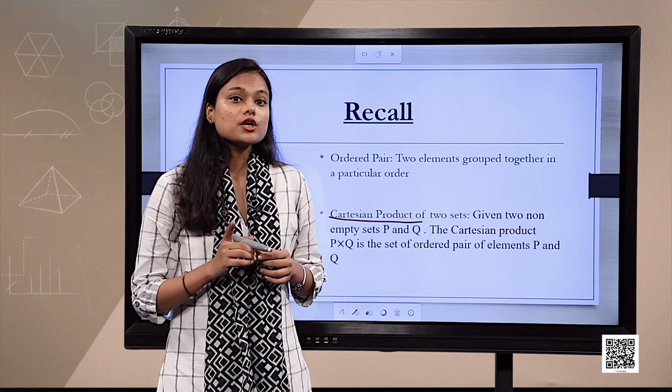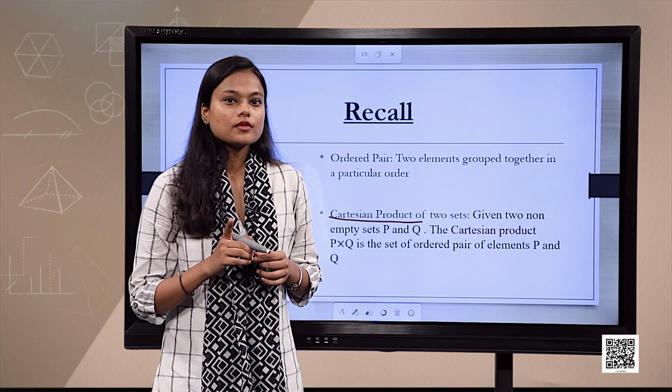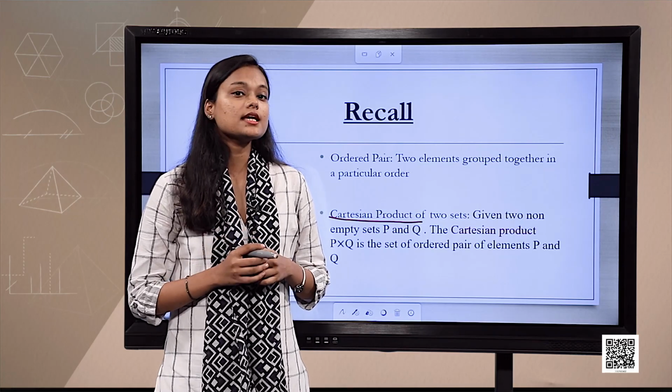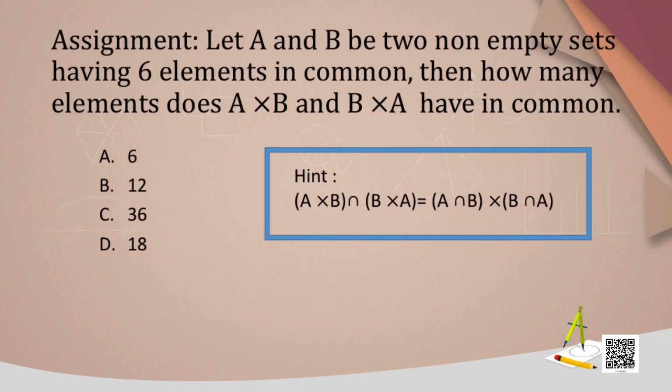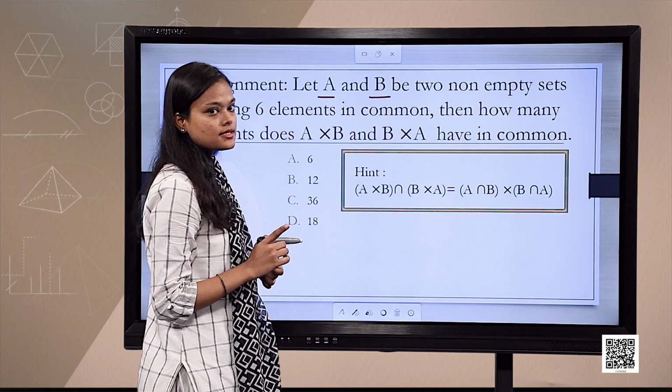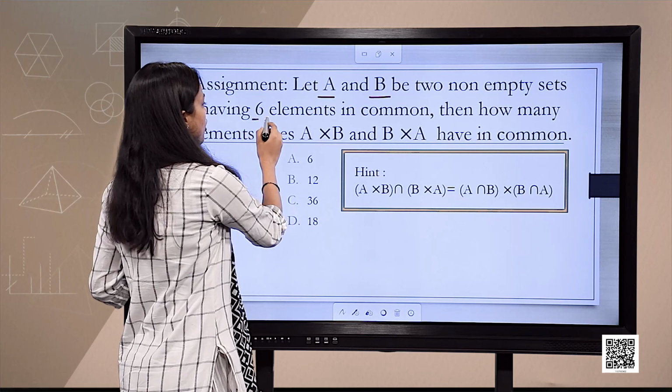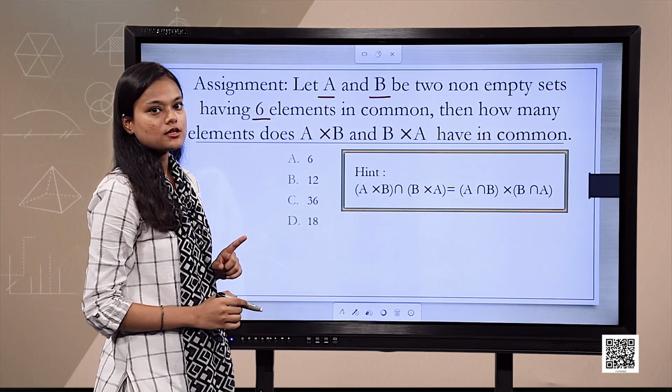Students, I have given you one assignment. Hope you have solved that particular question. So, let us see the answer of it. This was the question in which what was given to us? Two non-empty sets A and B, and common elements between these two sets. How many common? 6 elements.